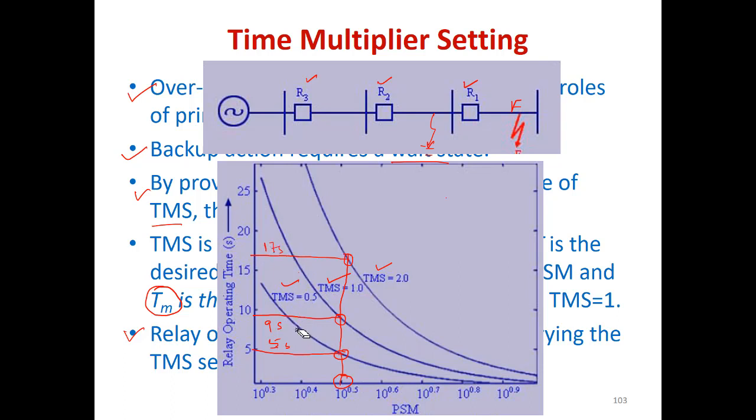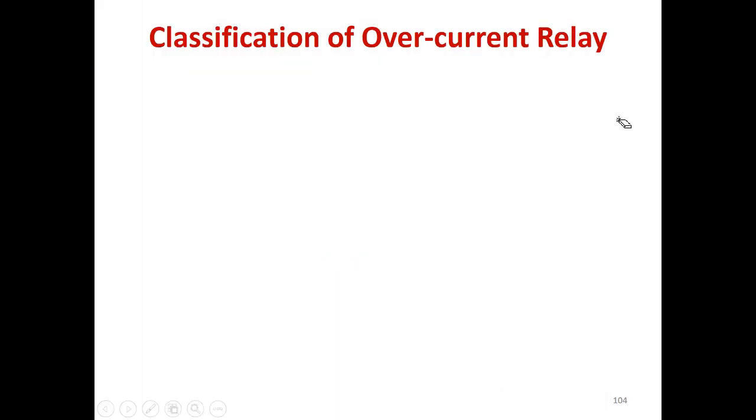So when we set the TMS at 2, your operating time increases, and when your TMS is less, your operating time is less, right? That is how the TMS plays a very important role in setting the delay time in the overcurrent relays.